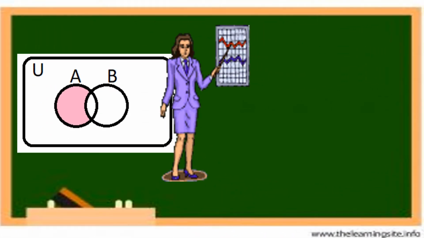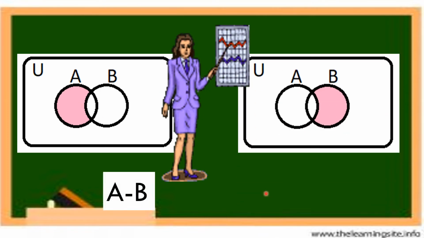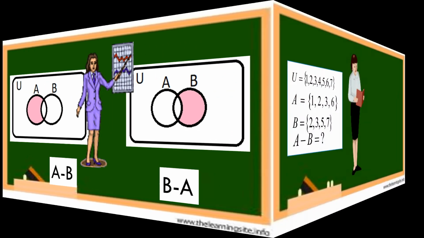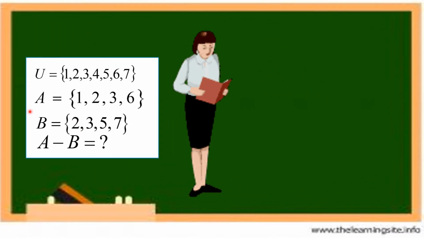So we have the Venn diagram for A minus B. What is in A that is not in B? And the Venn diagram for B minus A. What is in B that is not in A? We have set A, whose elements are 1, 2, 3, and 6. Set B, whose elements are 2, 3, 5, and 7.